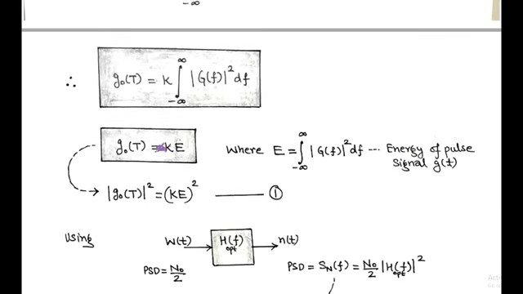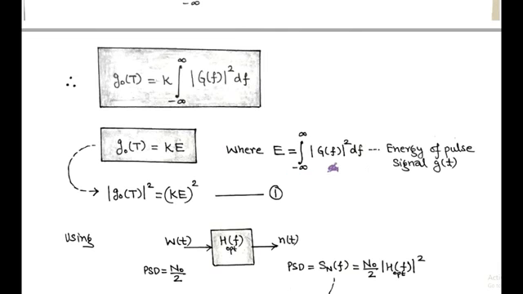And here the integration of mod g(f) square df is nothing but the energy of the pulse signal g(t), that is denoted by capital E. And the output in time domain g naught(T) is equal to k times E, that is the energy of the signal.